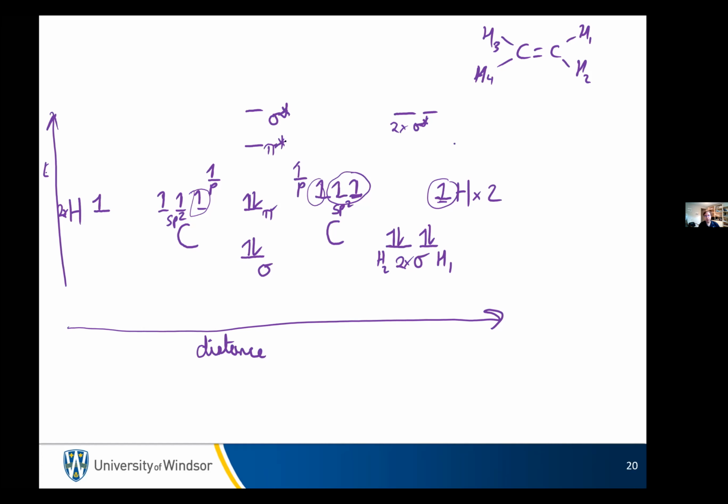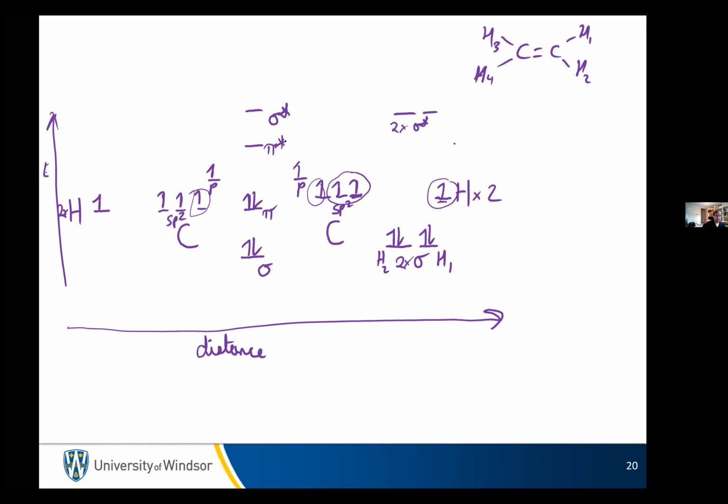And oh, look, the pi bond is weaker than the sigma bond. And I know it's weaker because it's higher in energy. The electrons in that pi bond are higher in energy than the electrons in the sigma bond, so they're more energetic, they're more willing to not be in that bond and have things happen to them.